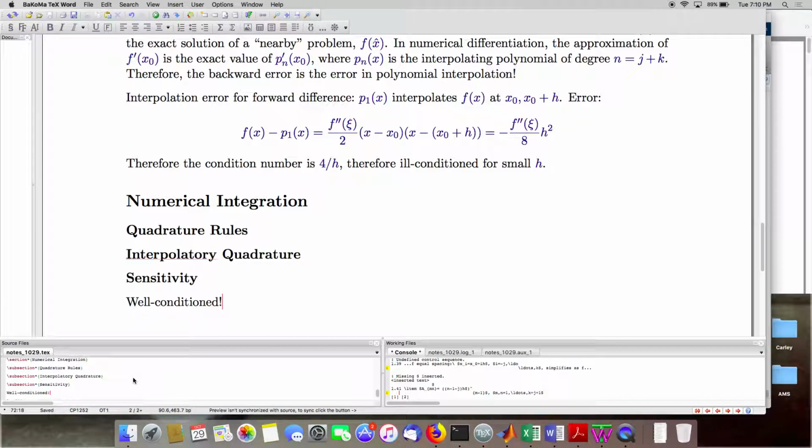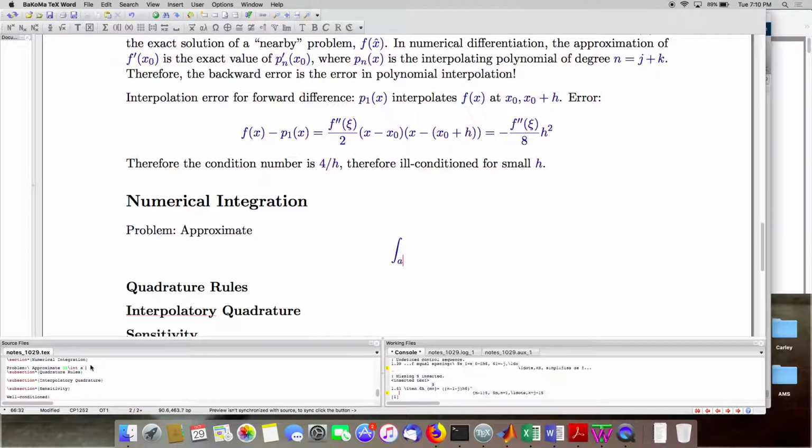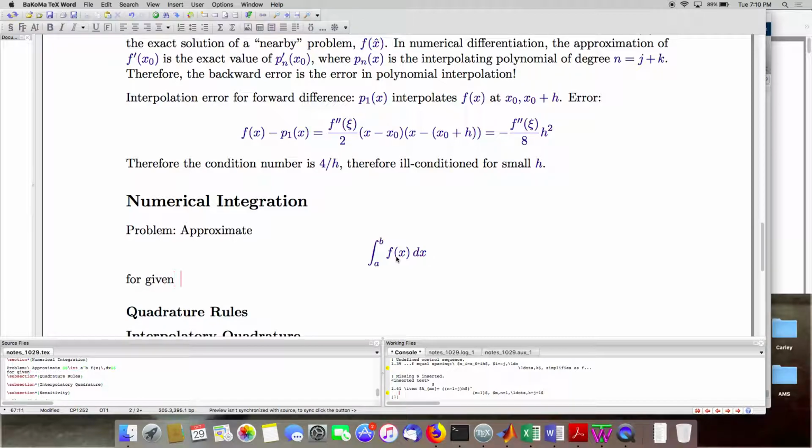Okay, but how do we go about it? For numerical integration, the problem in this case is to approximate the definite integral of some given function over some interval [a, b]. So those are your inputs: f, a, and b.